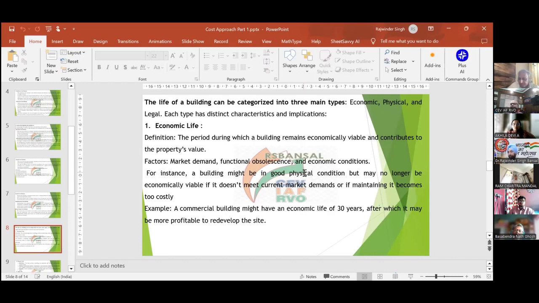It can still be used, but when it stops contributing to the property's value, and instead of increasing, the property's value starts declining because of its age, because of its condition, because of its obsolescence, then we call that the economic life of the building has come to an end.